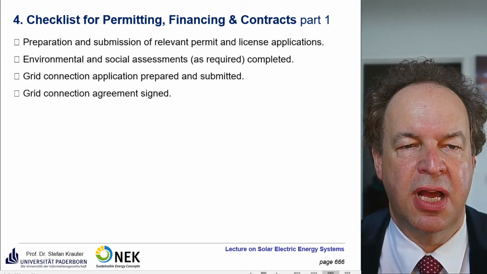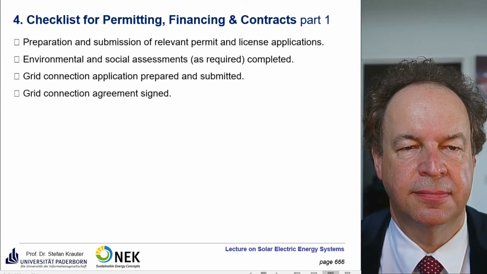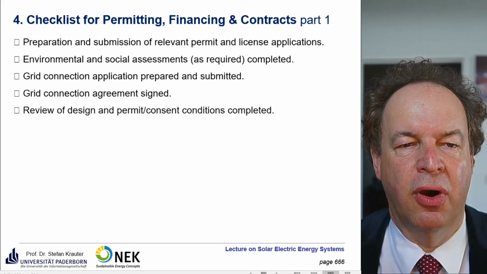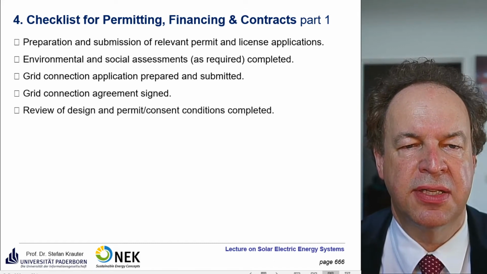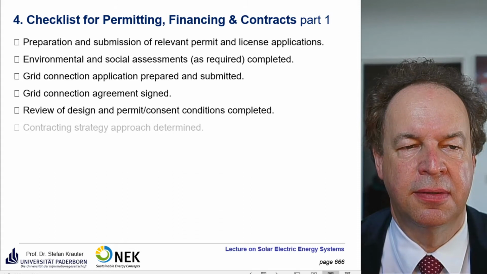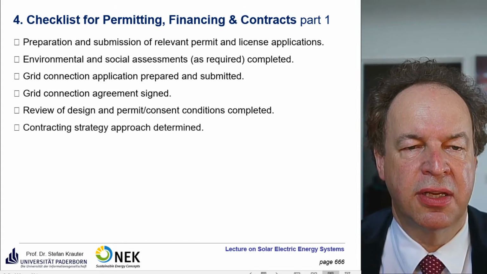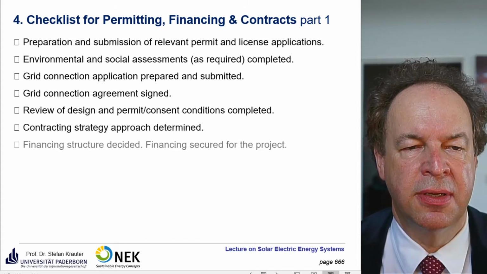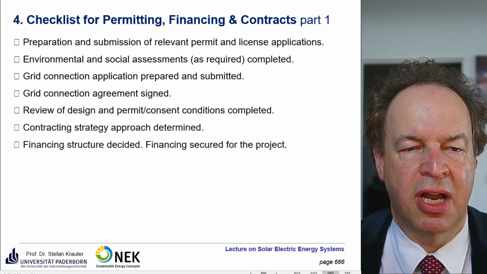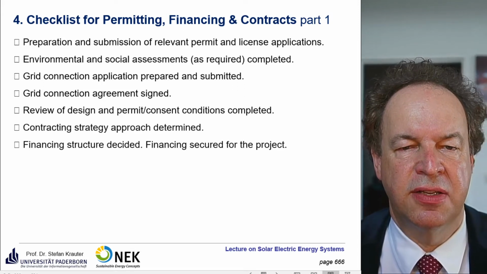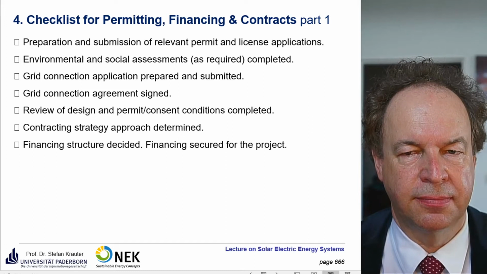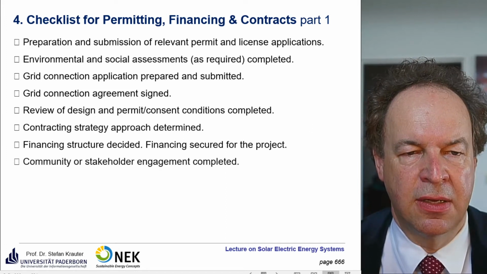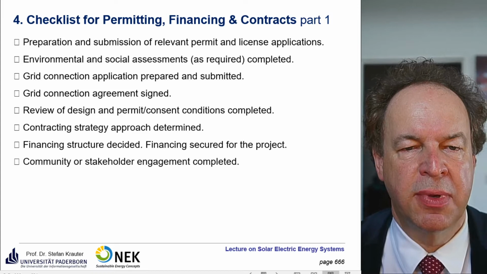The grid connection agreement signed. Review of design and permit consent conditions completed. Contracting strategy approach determined. Financing structure decided. Financing secured for the project. Community or stakeholder engagement completed.